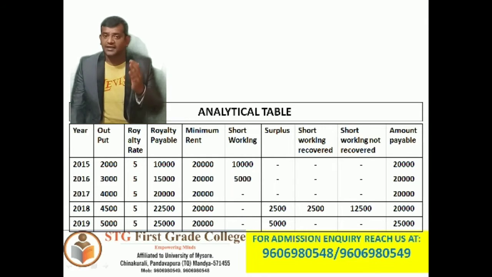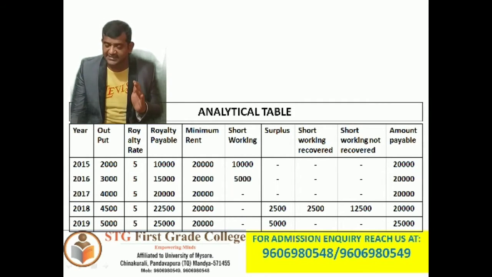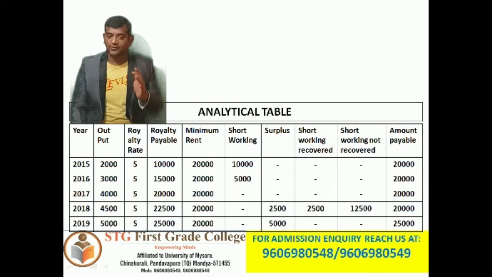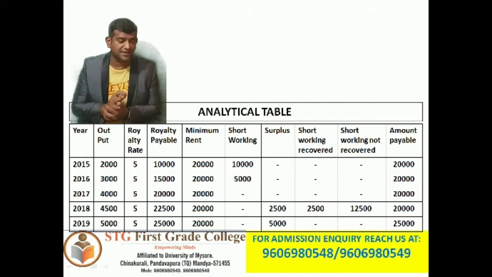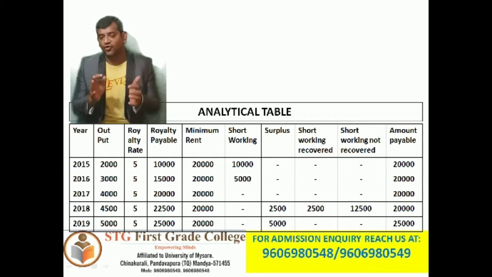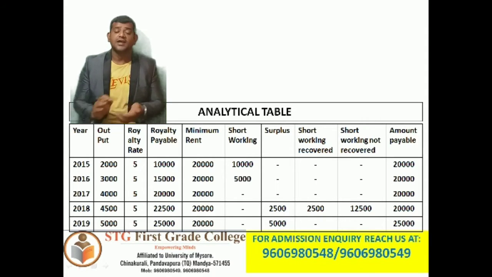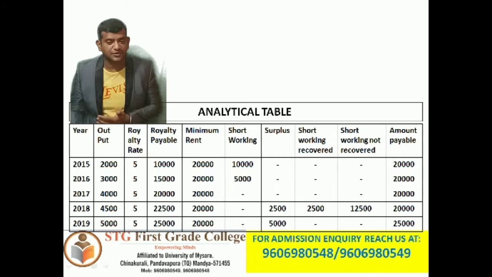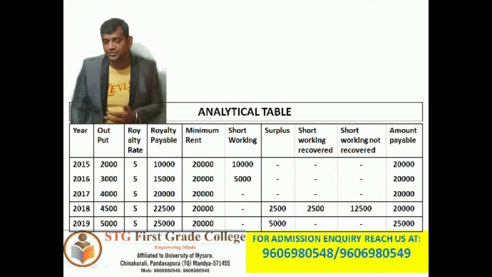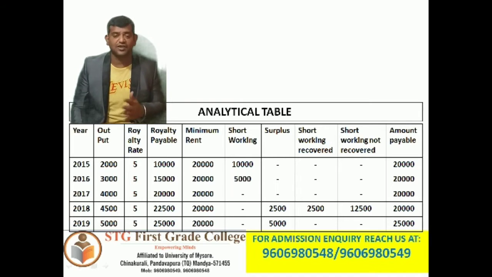Now in the problem they have clearly said that any short working has to be recovered within the first 4 years. So now I am entering the 4th year transaction, where I have to show the short working recovered and not recovered. What is the short working in the year 2015? 10,000 rupees. What is the short working in the year 2016? 5,000 rupees.